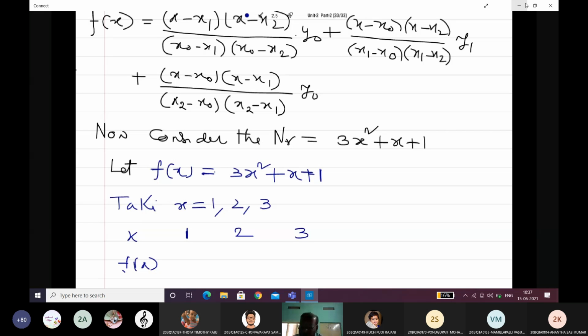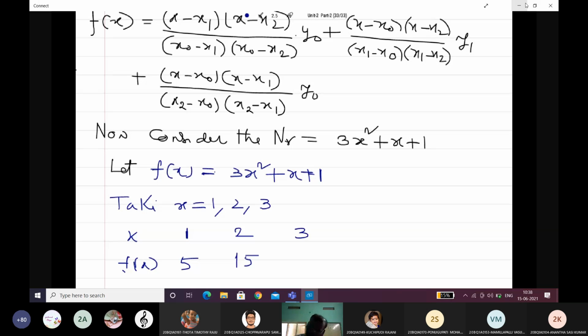From the function we can find out the value of f of x. When x is equal to 1, 3 plus 1 plus 1, that is equal to 5. Again x is equal to 2, 2 square 4, 4 into 3, 12, 12 plus 2, 14, 14 plus 1, 15.